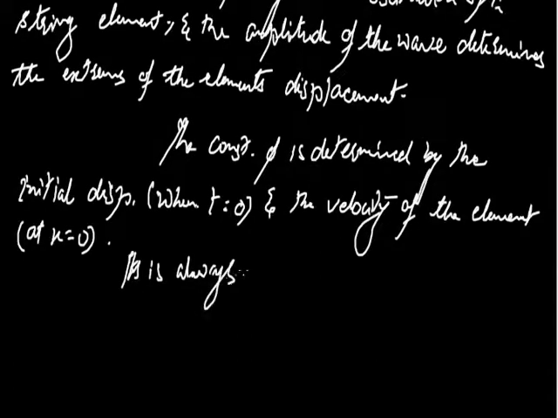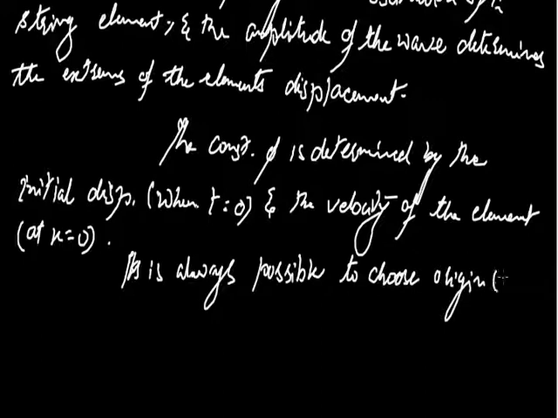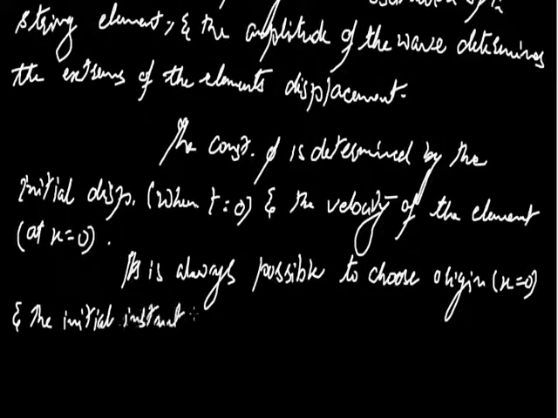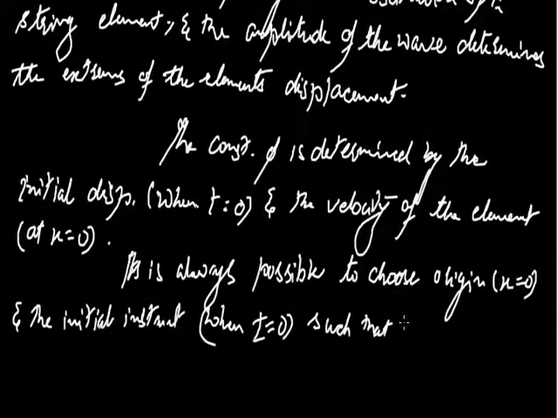It is always possible to choose the origin and the initial instant when t is 0 such that phi will be 0.